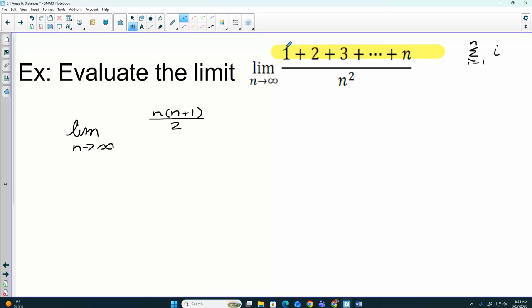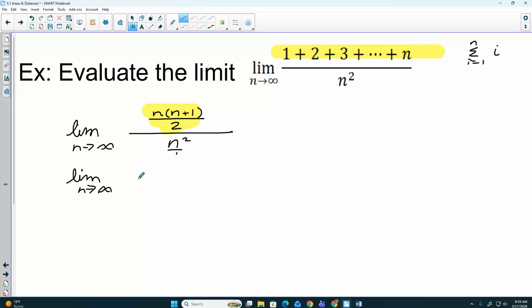Okay, so this top, by using my summation formulas, adds up to n times n plus 1 over 2. And this whole thing is divided by n squared. We know if we want to evaluate a limit, any simplifying we can do would help us. So this is like n squared over 1.